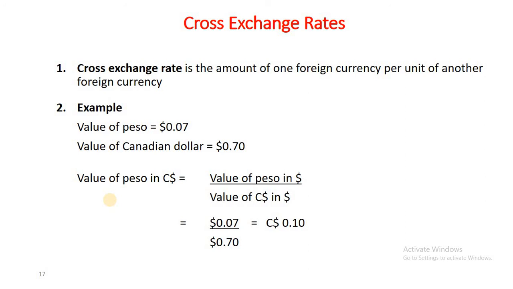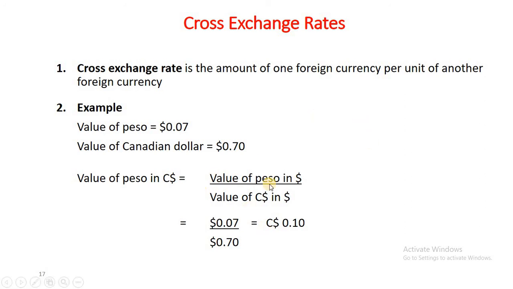So here is a calculation of cross exchange rate. Over here we are trying to find out value of peso in Canadian dollar. It will show what is the value of Canadian dollar against 1 unit of peso, or in simple words, 1 peso is equal to how much Canadian dollar. So with this formula we can find it out.